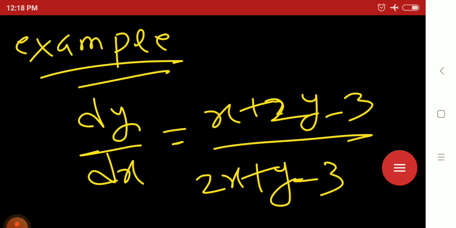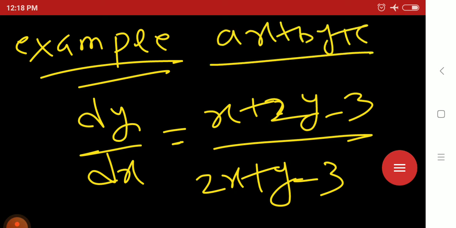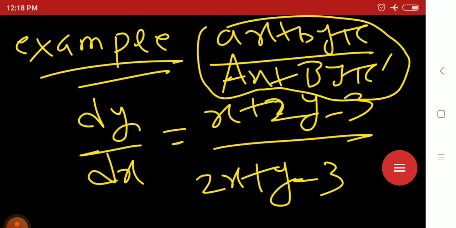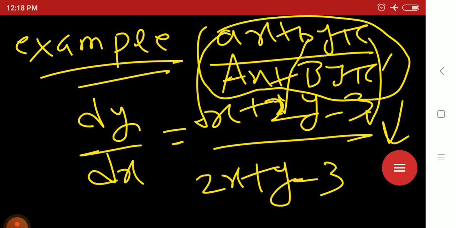You are getting this from the form ax plus by plus c divided by capital Ax plus capital By plus c prime. Now compare this with this. Comparing, you will get a equals 1, b equals 2, c equals minus 3, capital A equals 2, capital B equals 1, c prime equals minus 3.